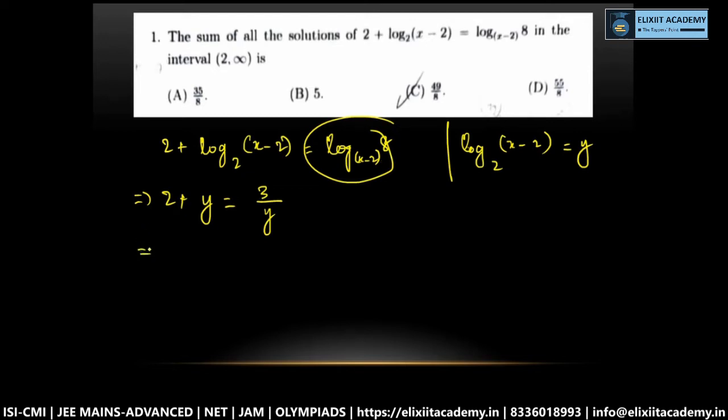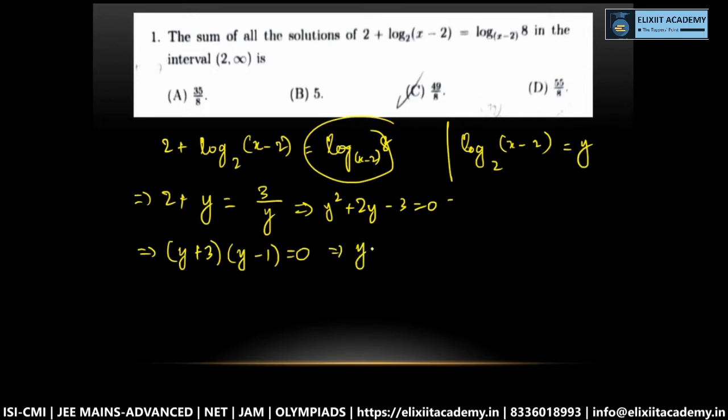Now we can simply solve for y. This is a very basic equation: y square plus 2y minus 3 equals 0. Factorizing, y plus 3 multiplied by y minus 1 equals 0.